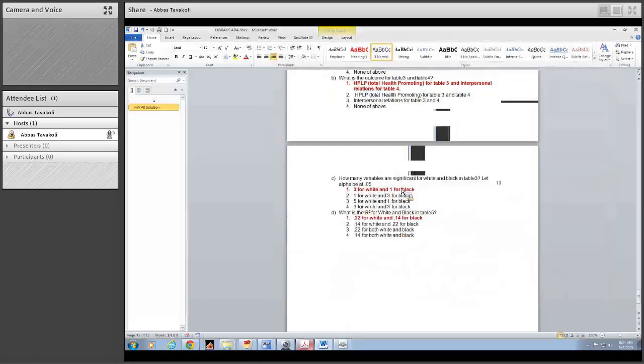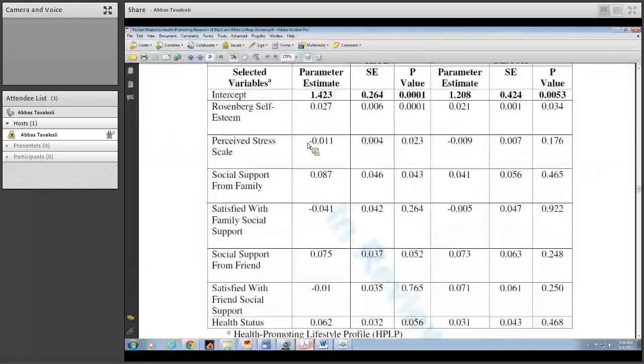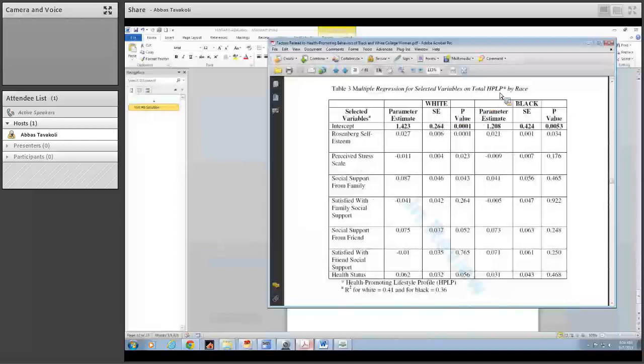How many variables are significant for white and black in table 3? If you notice, in table 3 we ran health promoting separately for white and black. Looking at the p-value, you can see which variables were significant. Here, Rosenberg self-esteem was significant, perceived stress was significant, and social support was significant.